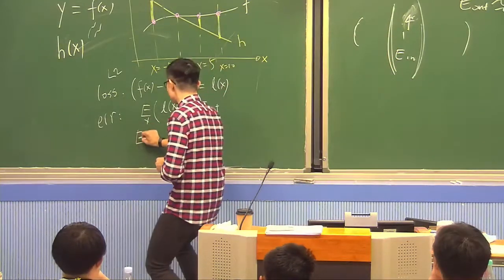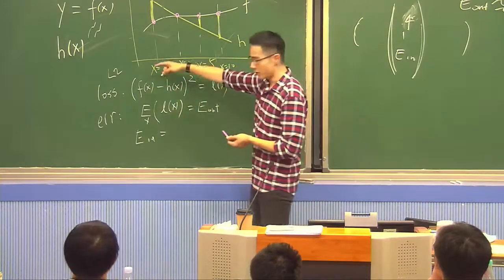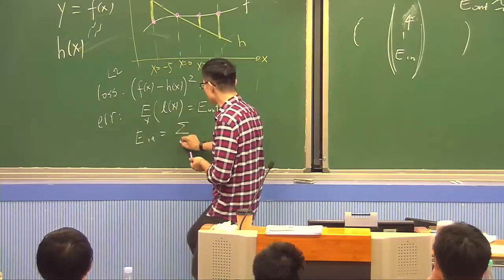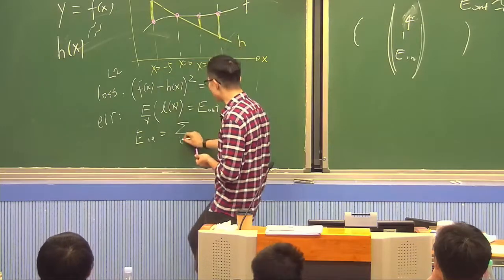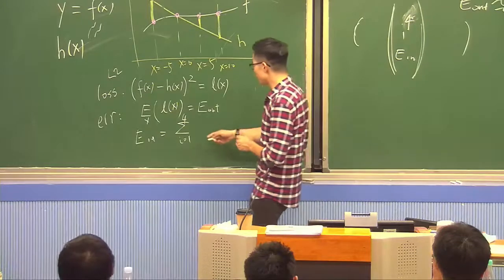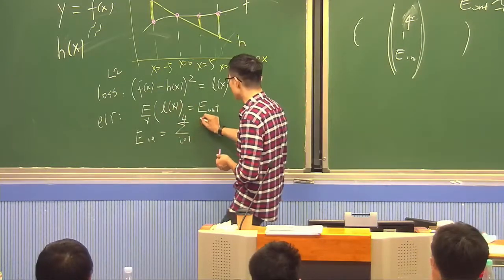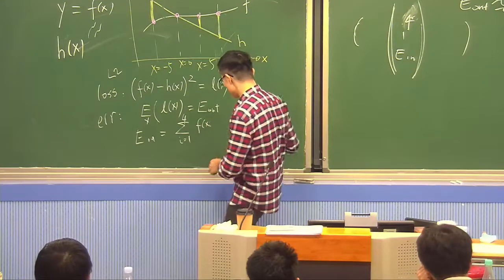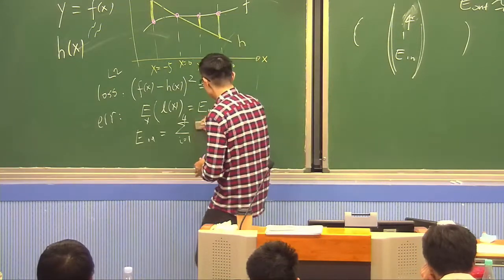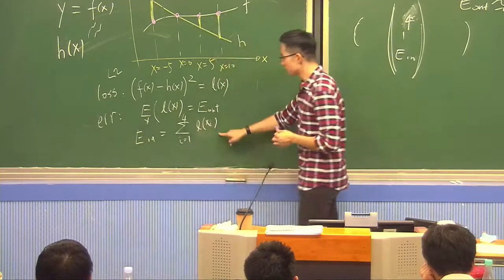The in-sample error is equal to what? Very easy, the summation. So we have 1, 2, 3, 4 points, so it's 1 to 4, the summation over 4 points, and for each point we have the loss function, L(x_i).